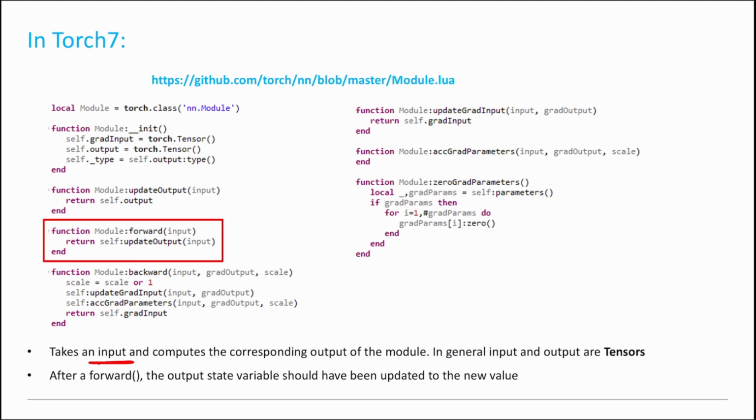In general, input and output are tensors. So this is the forward function. The forward function takes in this input and it returns the output. So update output essentially calls another function, and this returns the output. The forward function returns the self.output, and the self.output is owned by this class. So this is what it returns.